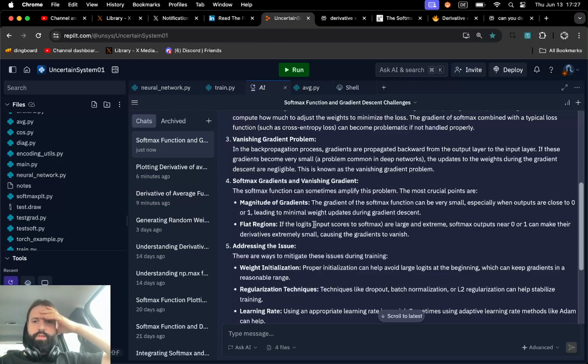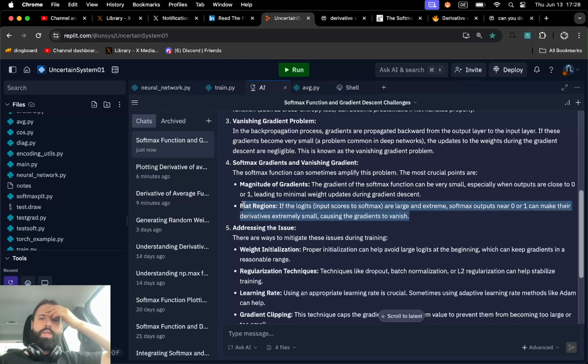If the logits are large and extreme, then the softmax outputs are near 0 or 1, which can make the derivative extremely small, causing the gradients to vanish. I think that's the key. But then what is the point?